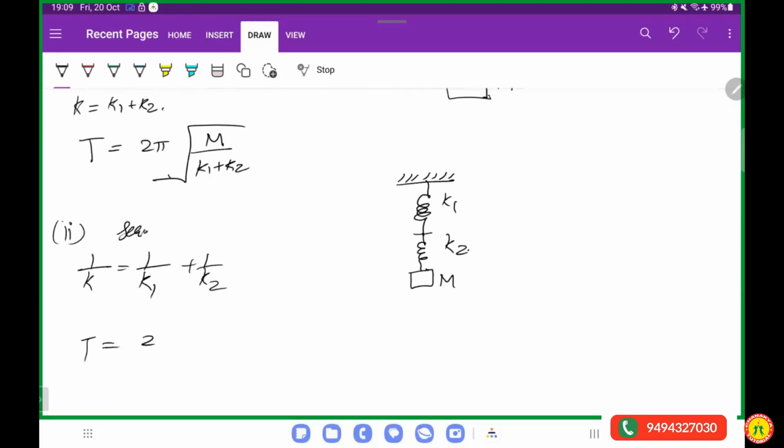So T equals 2 pi root of m by capital K. So capital K means 1 by K equals 1 by k1 plus 1 by k2.